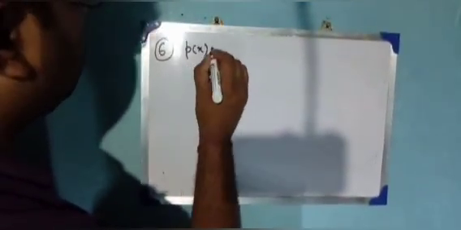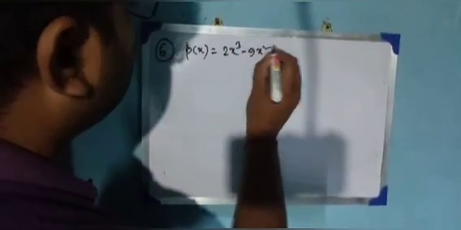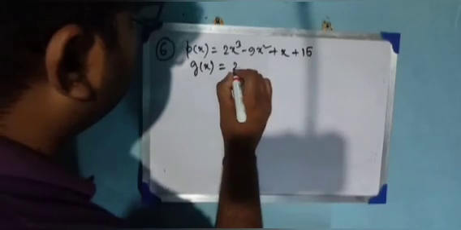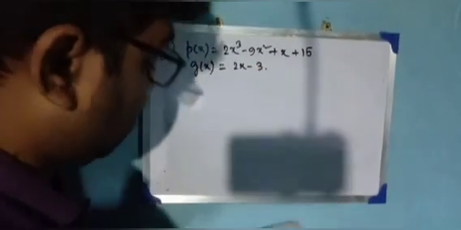Now here p(x) is given: p(x) equals 2x cube minus 9x square plus x plus 15, and g(x) equals 2x minus 3.